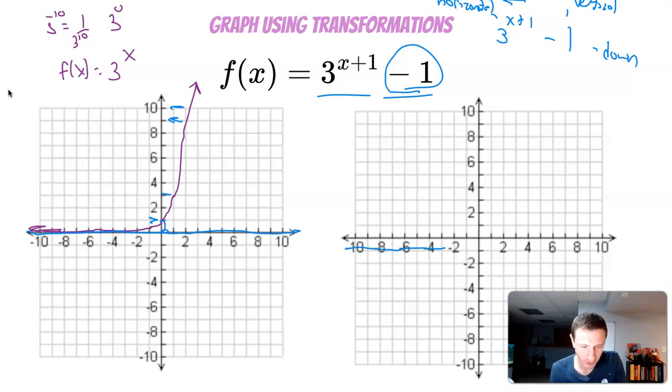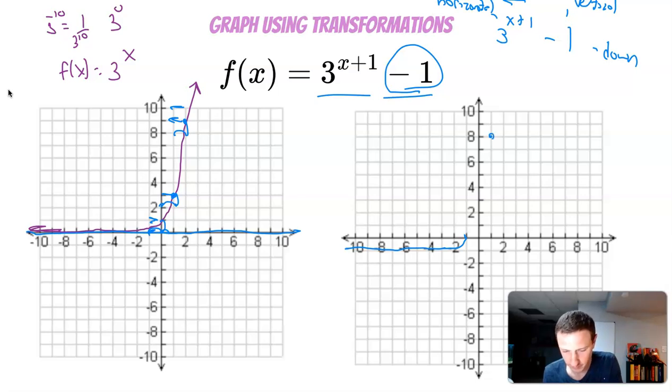And then we're also shifting to the left. So this is now going to hit here. This point is shifting down and to the left, so now it's going to hit right here. And then this one is shifting down and to the left, or left and down, however you want to think about it. So it's going to hit right about there.